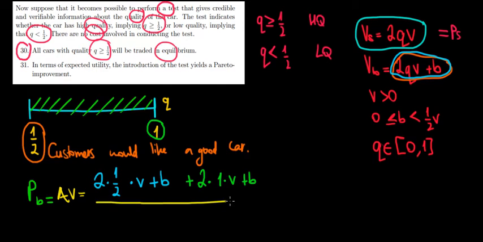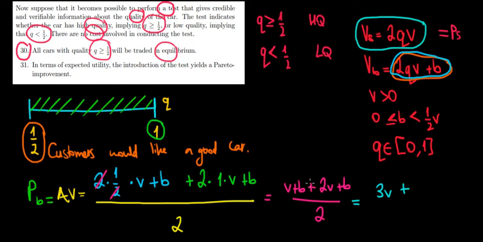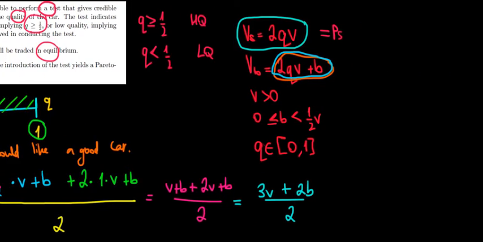Now 2 and 2 cancel out, and we have V plus B, and over here we have 2 times 1 times V, which is 2V plus B, divided by 2. If we work this out, 2V plus V is 3V, plus B plus B is 2B, divided by 2. If we divide each term by 2, we get 3V divided by 2 plus 2B divided by 2, which is B. So we found the price that the buyers are willing to pay.